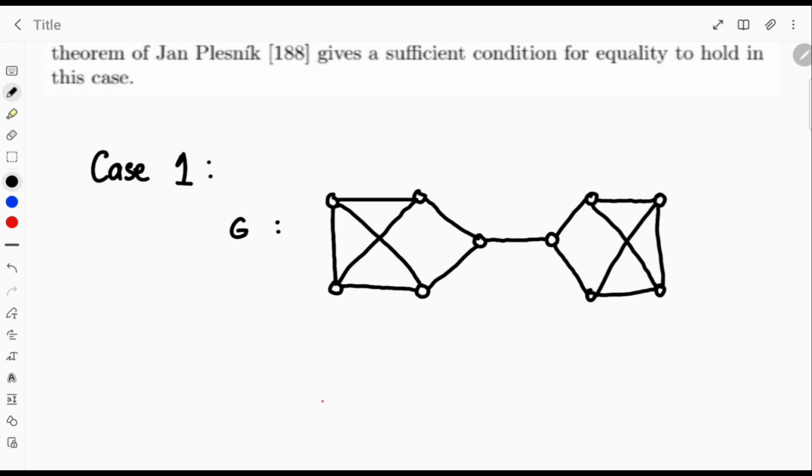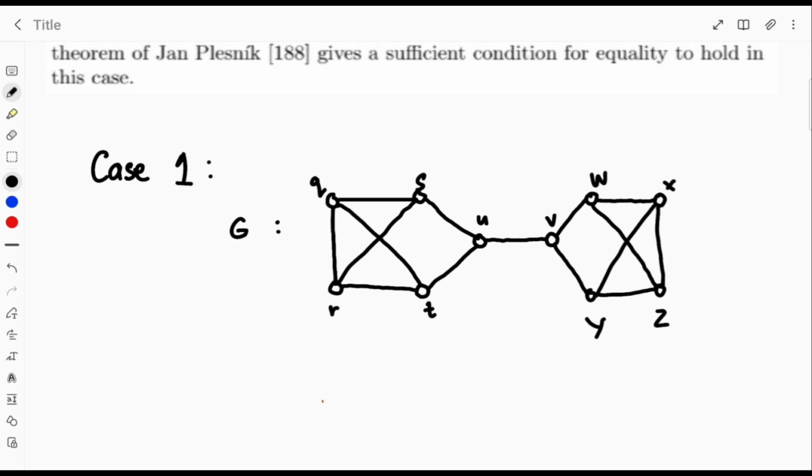So it states that if κ(G) is equal to 1, then there exists a cut vertex u. Suppose this one is u. Okay, let's name the others Q, R, S, D. There exists a cut vertex u in G. A cut vertex is a single vertex whose removal disconnects the graph.